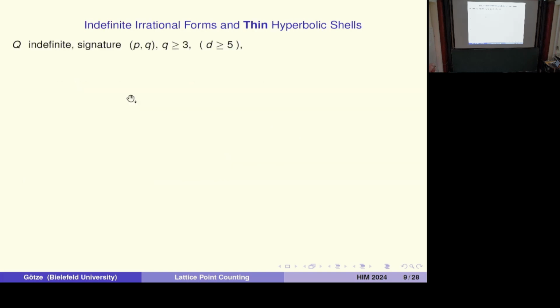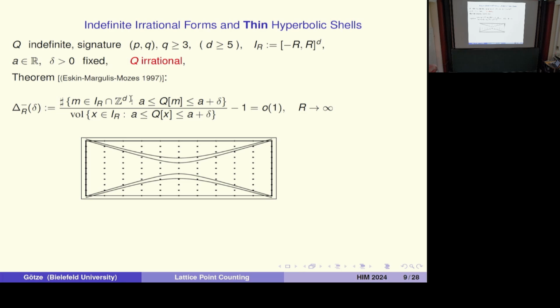Now, how does it look? We have an irrational form, with the signature of the indefinite form, and what we do is now depicted geometrically. We now count lattice points in these hyperbolic shells.